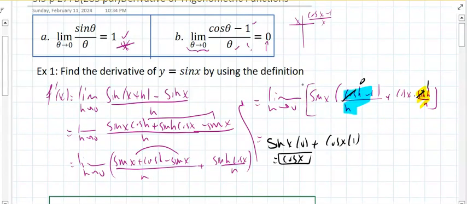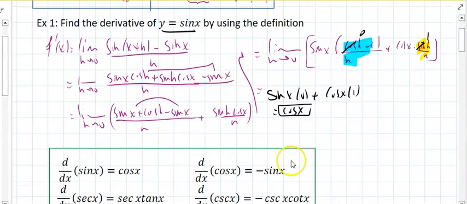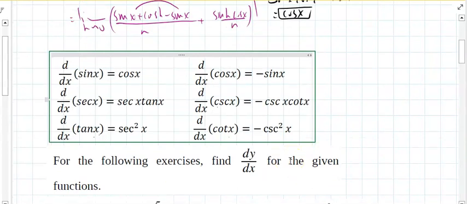So it turns out the derivative of sine of x is cosine of x, and they're listed here. I suggest you memorize those three. Derivative of sine is cosine, derivative of secant is secant tangent, derivative of tangent is secant squared. You memorize those. And the cofunctions, the derivative of cosine, is associated with a negative.